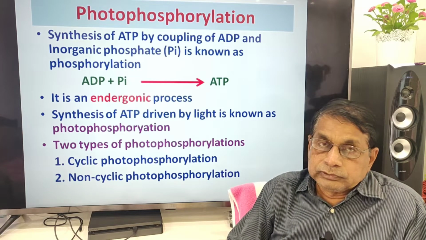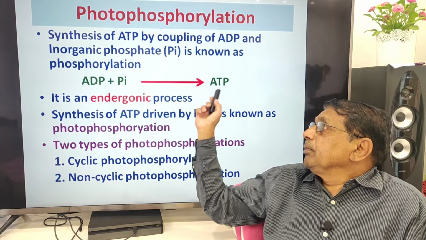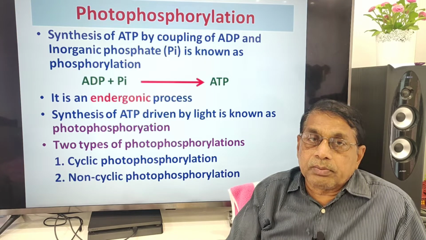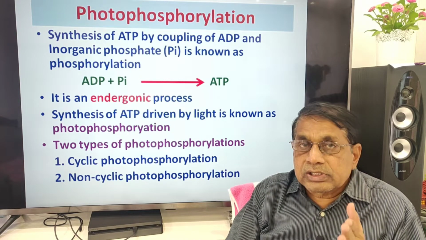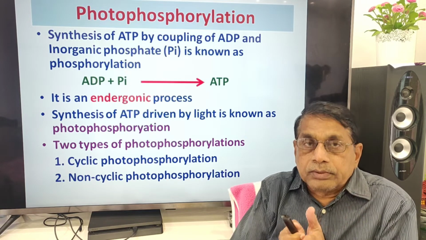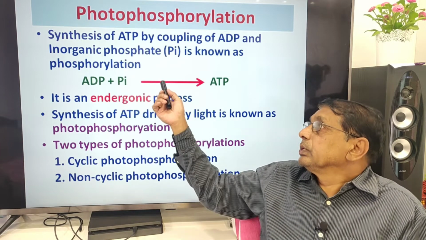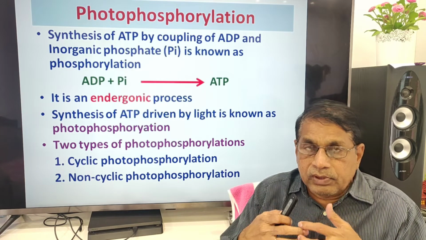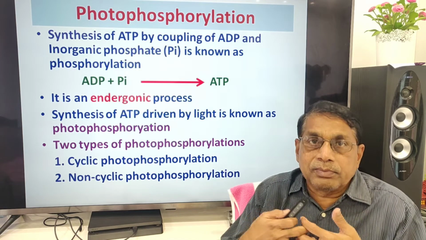Photophosphorylation. What is phosphorylation? Synthesis of ATP by coupling ADP and inorganic phosphate. We know there are three types of phosphorylation: photophosphorylation, oxidative phosphorylation, and substrate-level phosphorylation.